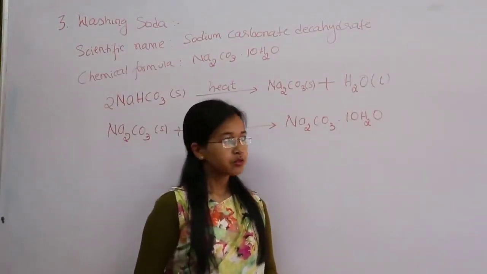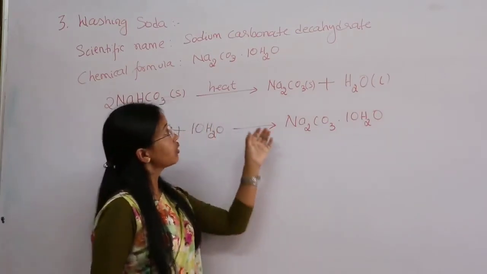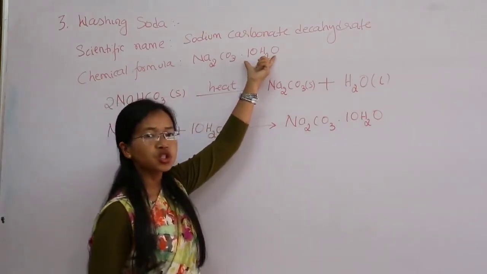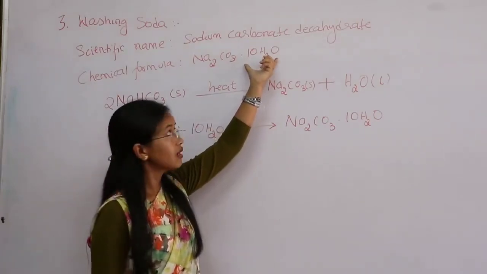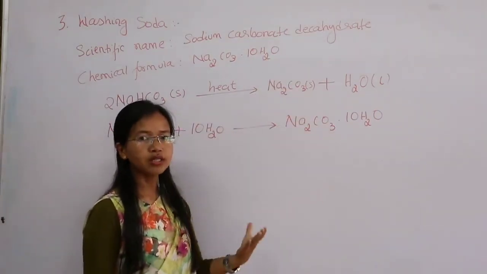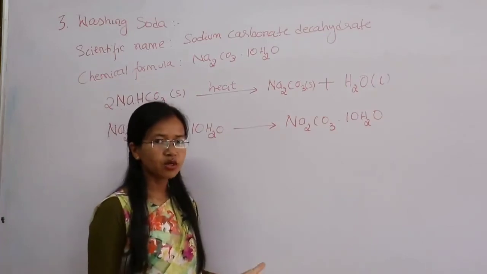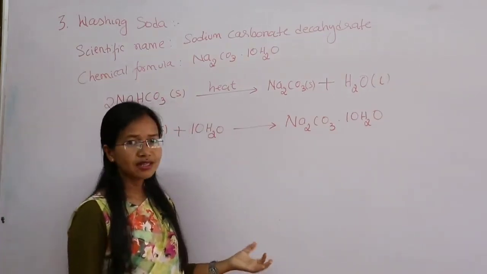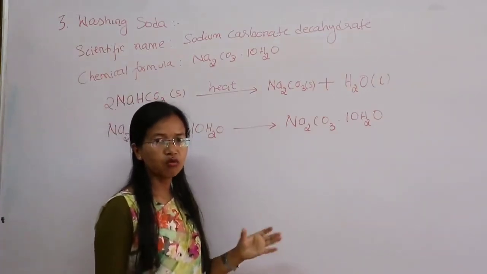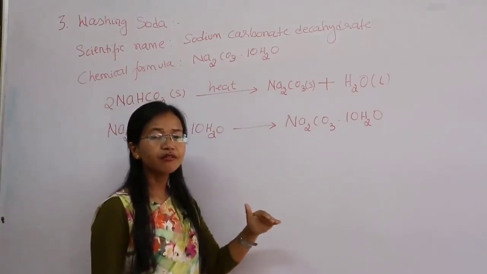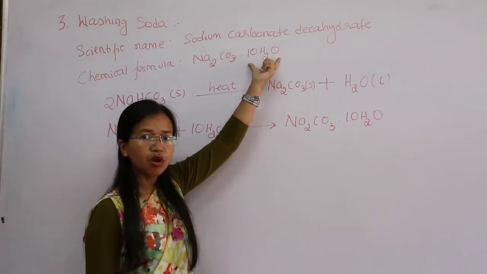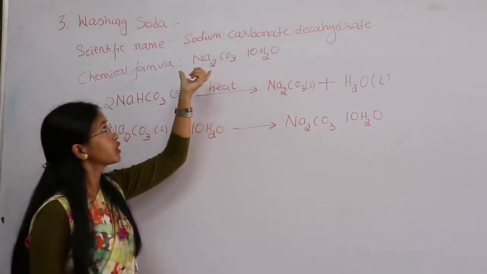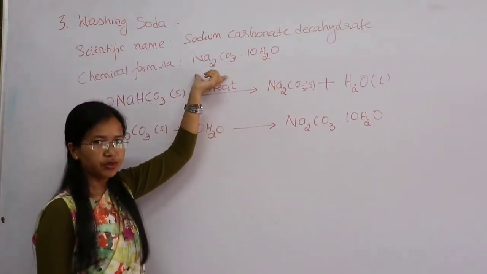Alright. So here you might be thinking, what does this 10H2O signify? This 10H2O is the water of crystallization. What is water of crystallization? It is the fixed number of water molecules in every formula unit of a salt. Like in this case, it is the fixed number of water molecules in every molecule of sodium carbonate.